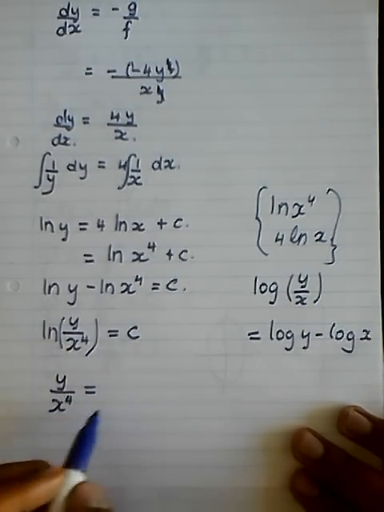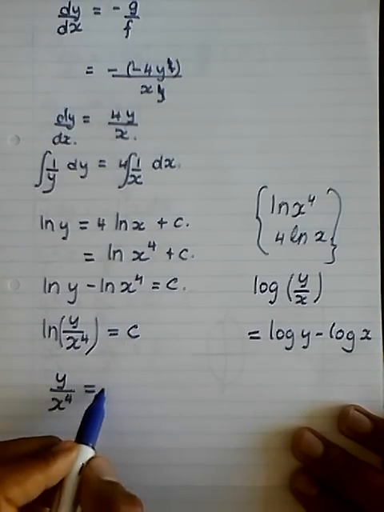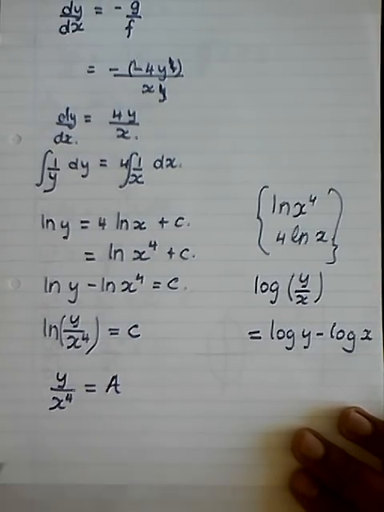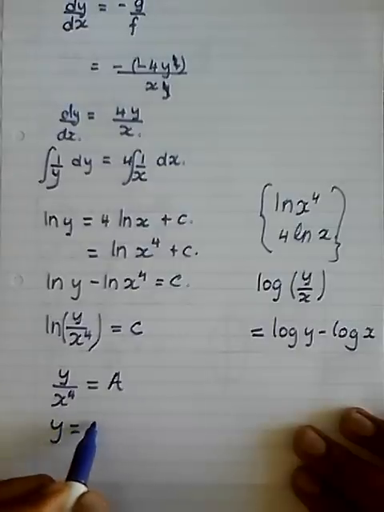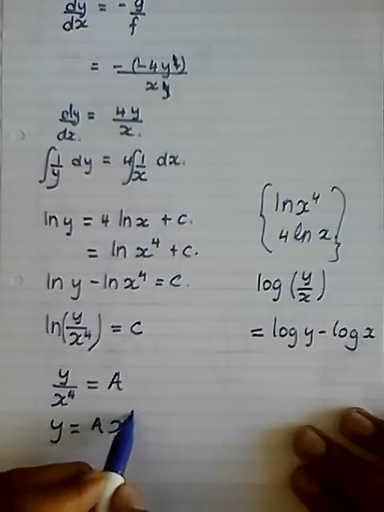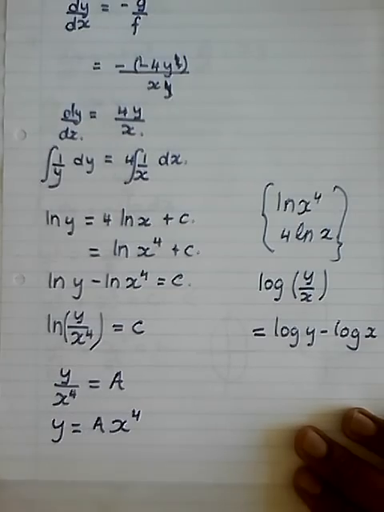So let's represent this constant now as a. So what we find is that y is equals to a x to the 4, where a is a constant.